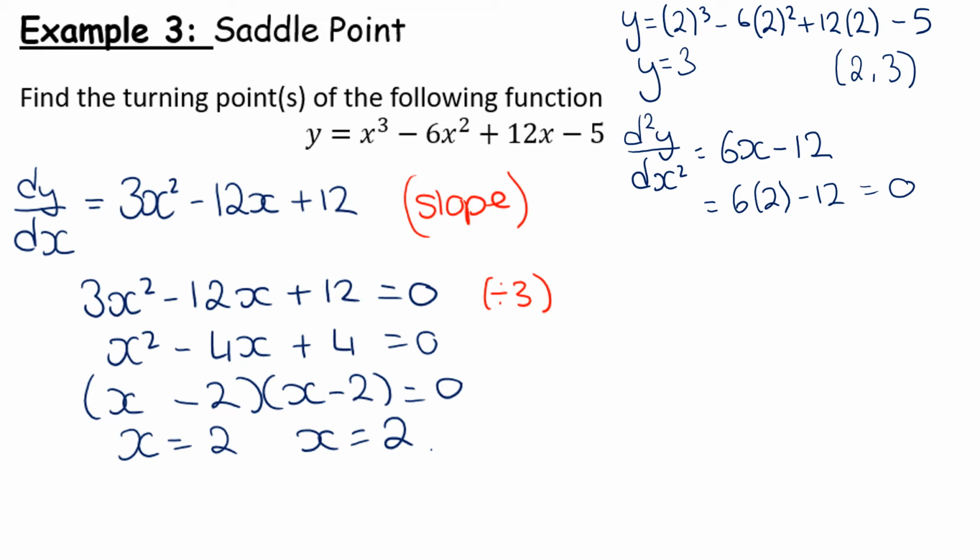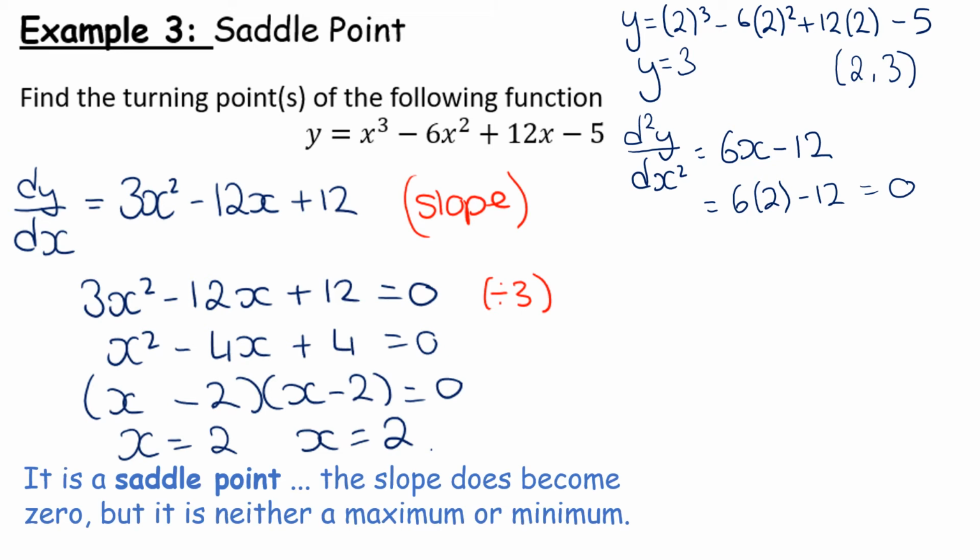If it is negative, it is a maximum turning point. We haven't discussed what happens if that second derivative is 0. Well, what it's telling us is that this (2, 3) is actually a saddle point. The slope does become 0, but it doesn't actually have a minimum or maximum.